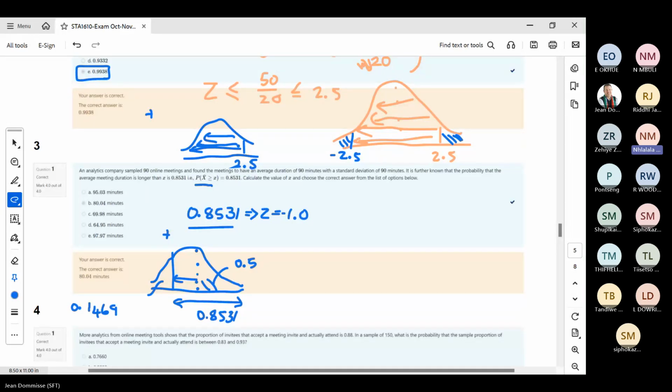But 0.1469 can be found at 0.05 at the top, so it's probably around 0.05.